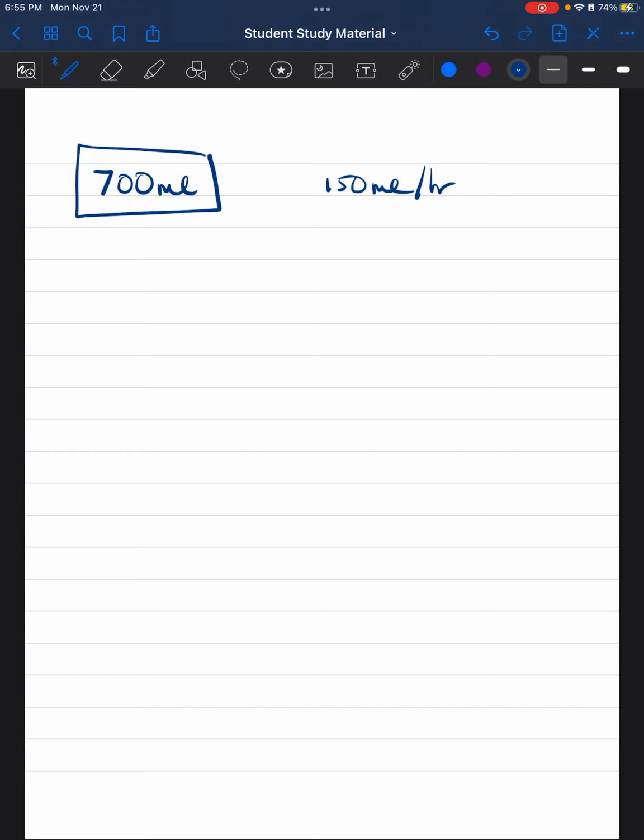We can either use ratio and proportion. So let's say 1 hour, we said, was 150 mils, is equal to X hours in 700 mils, and then we're going to cross multiply, or we can also use dimensional analysis.